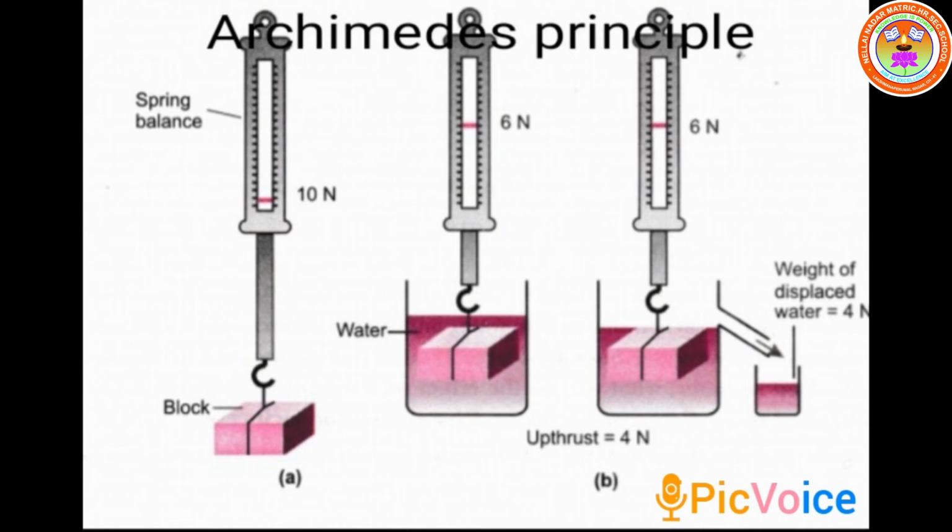When a body is partially or completely immersed in a fluid at rest, it experiences an upthrust. What is upthrust? Upthrust, or upward force, or buoyant force, all are the same, which is equal to the weight of the fluid displaced by it.